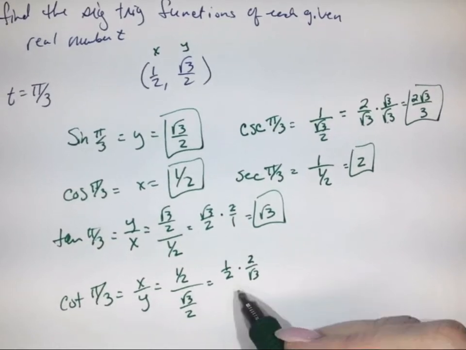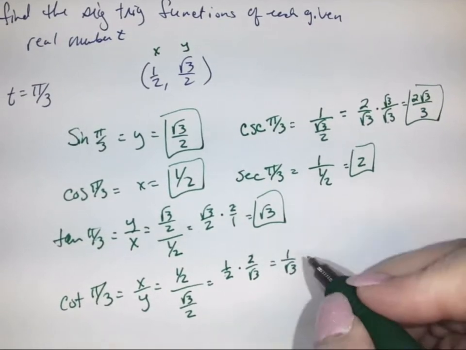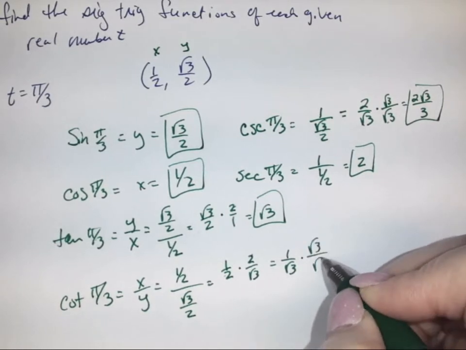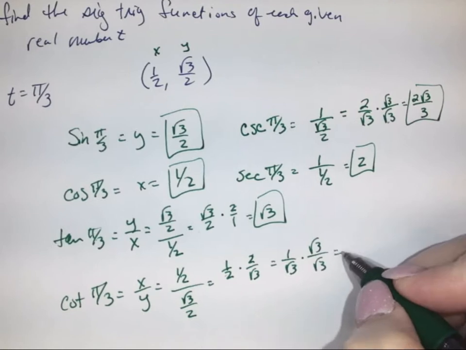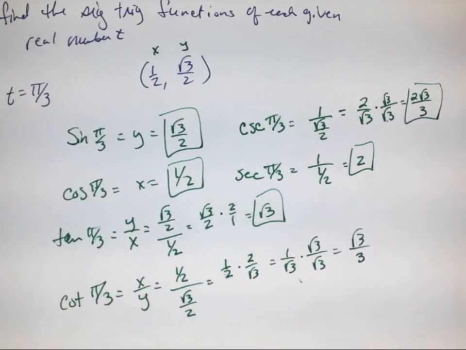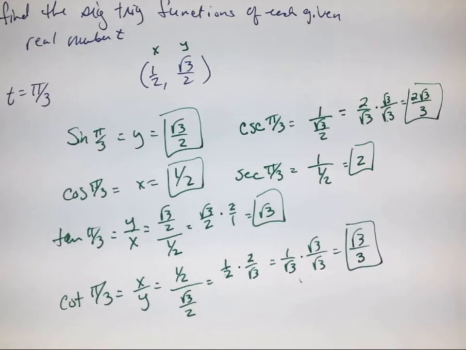The 2's will cancel again, and we end up with 1 over the square root of 3. But we can't have that square root in the denominator, so we multiply by square root of 3 over square root of 3. That gets us square root of 3 over 3, because that's what we'll get in that denominator. So those are our 6 trig functions of our real number t at pi over 3.